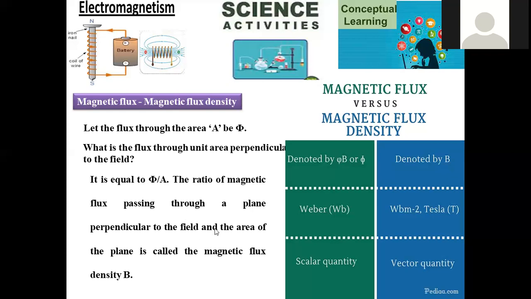Within that unit area, the number of lines moving in a given time is the ratio phi by A. That phi by A denotes the magnetic flux density, which is denoted with the symbol B. The units and the property will always be mentioned here. So there is a slight distinction between these two terms, magnetic flux and magnetic flux density.